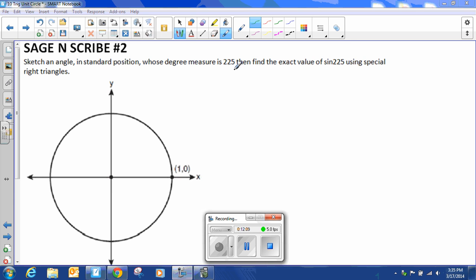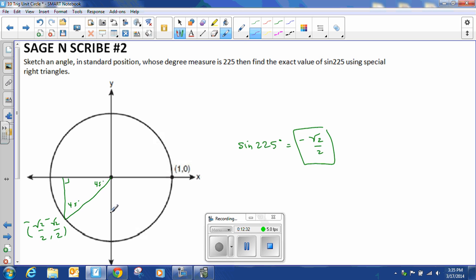Sage and Scribe number 2, let's find the exact value of sine of 225. Now we know that this is 180, and another 45 degrees would give us 225. So once again, we need to find what the ordered pair is because the y value will be sine of 225. Okay, it's a 45, 45, 90 triangle, so I know it's negative radical 2 over 2.